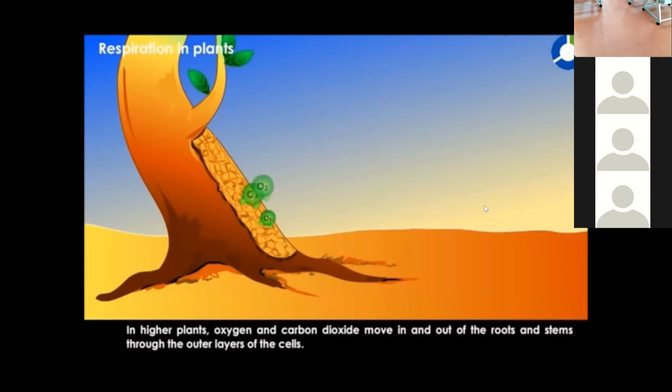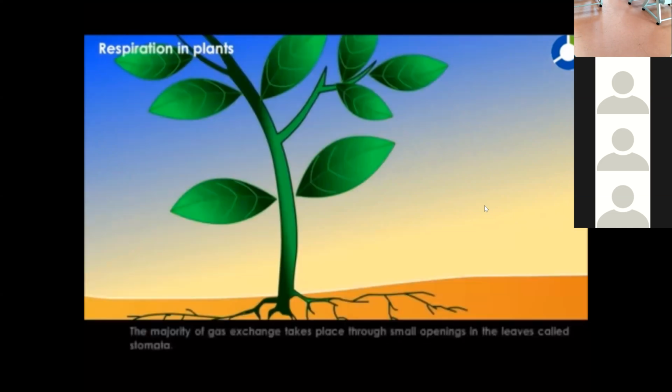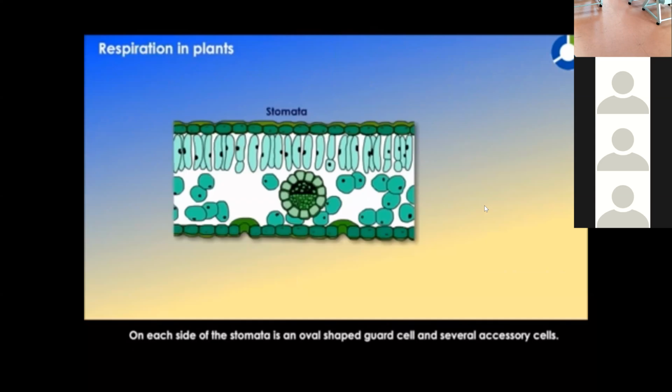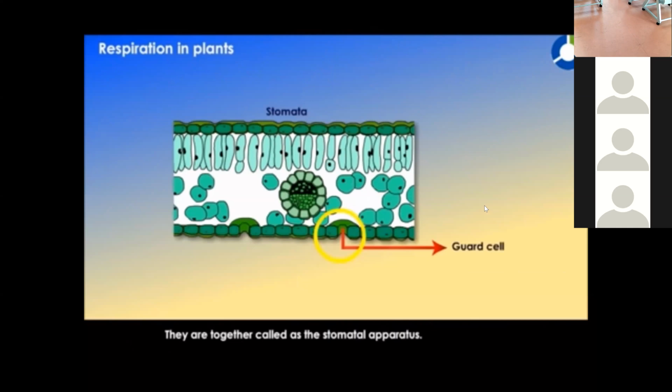In higher plants, oxygen and carbon dioxide move in and out of the roots and stems through the outer layers of the cells. The majority of gas exchange takes place through small openings in the leaves called stomata. On each side of the stomata is an oval-shaped guard cell and several accessory cells. They are together called the stomatal apparatus.